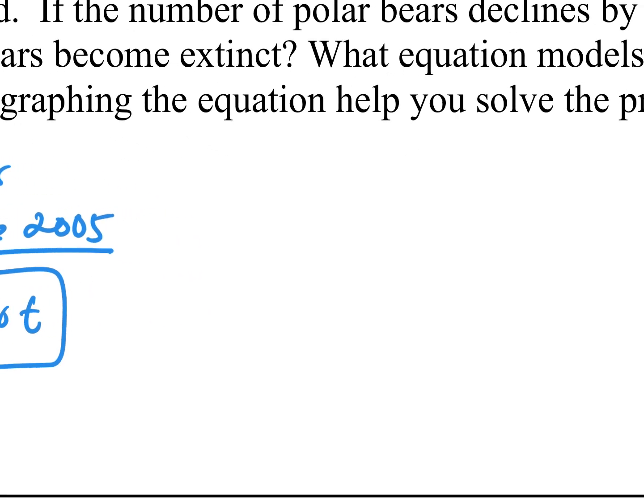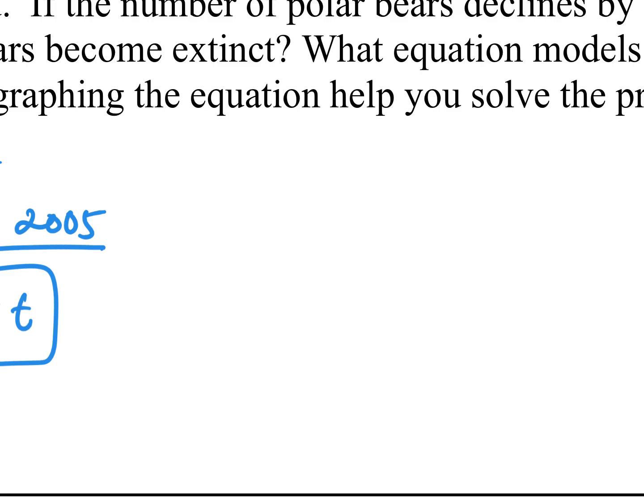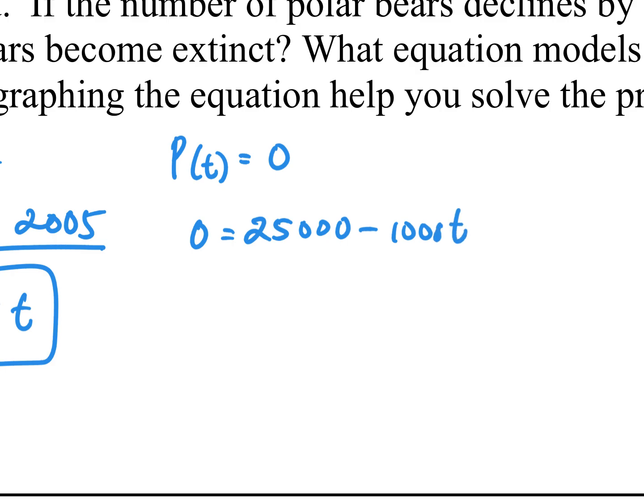Okay, let's continue. To find out when the bears will become extinct, we need to determine when P of t is equal to 0. So let's do that. 0 is equal to 25,000 minus 1,000 t.